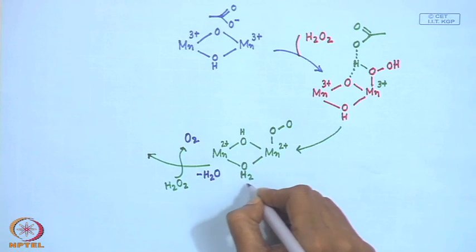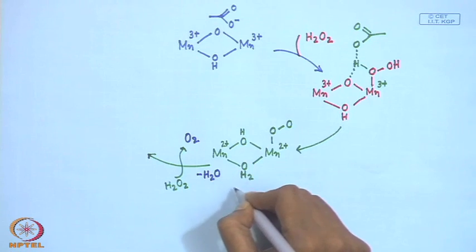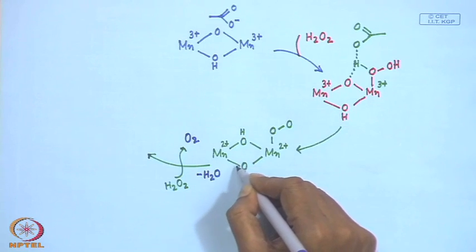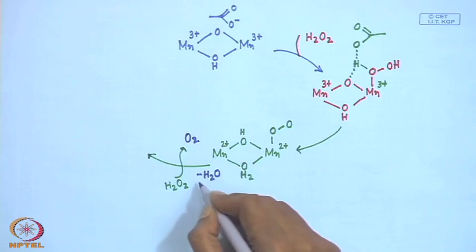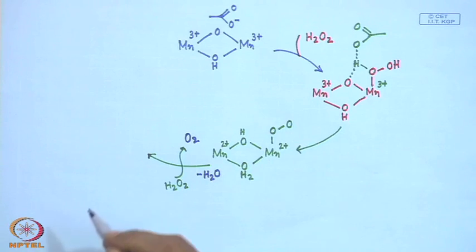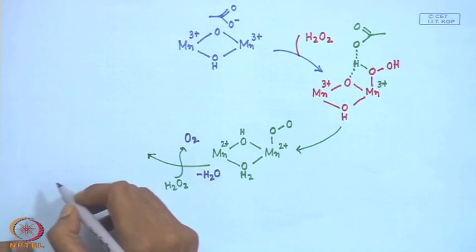These are weakly bound now; originally it was hydroxido, it is now weakly coordinating to these 2 manganese sites. So, it will be released as water, and these 2 oxygen atoms, like an oxygen molecule, are also released.